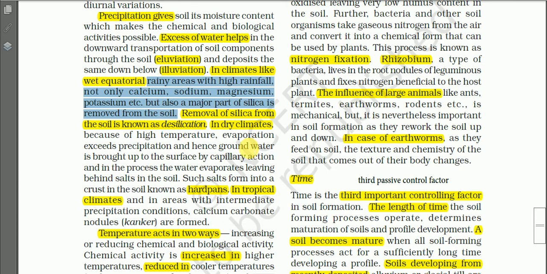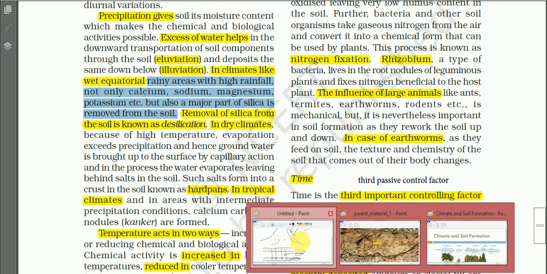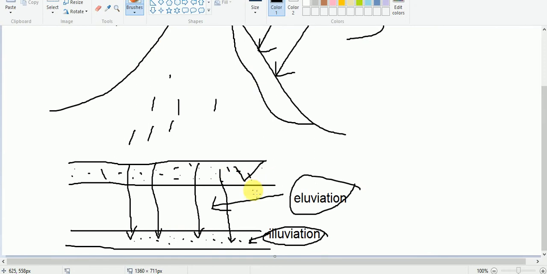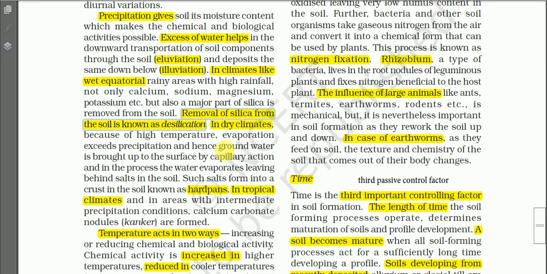Because of this eluviation process, calcium, sodium, magnesium and potassium, which are different types of salts, as well as silica, are removed from the top layer of the soil and transported downwards. This removal of silica from the soil is known as desilication. The process of removing silicate materials, silica, from the soil is known as desilication.